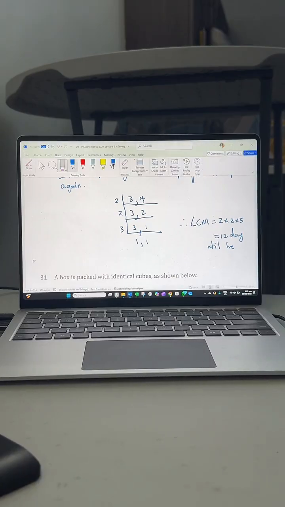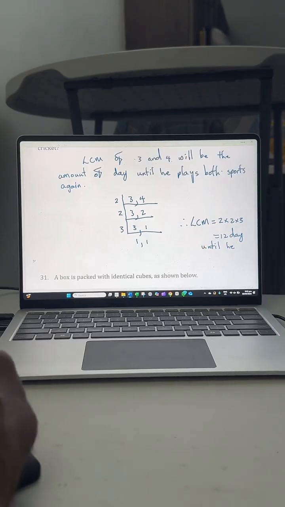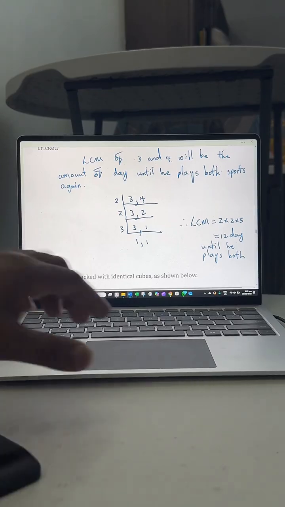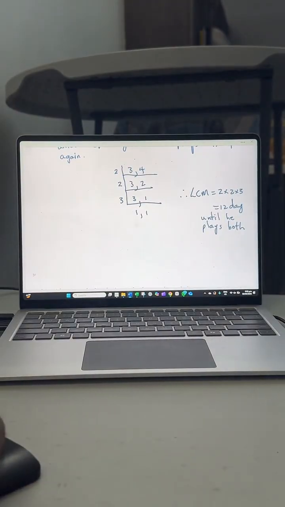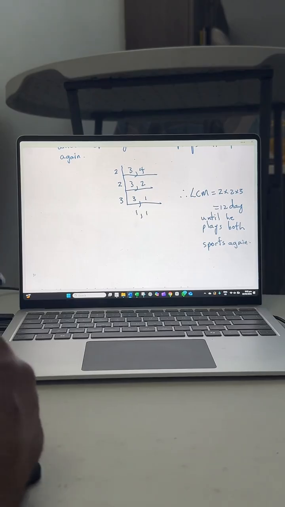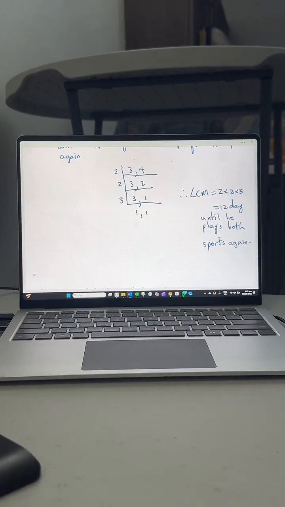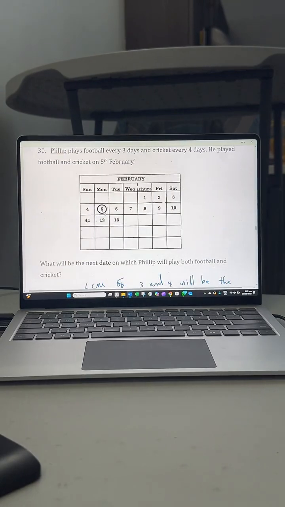So what date are we looking at? Until he plays both sports again, right? So this will be what day he played it on? The 5th of February.